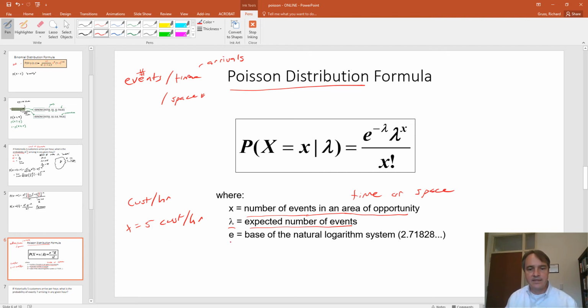Okay, and then e, I explained, is the base of the natural logarithm system. So it's a mathematical constant equal to 2.718. You don't really need to expand it like this. In fact, it goes on infinitely because it's irrational.